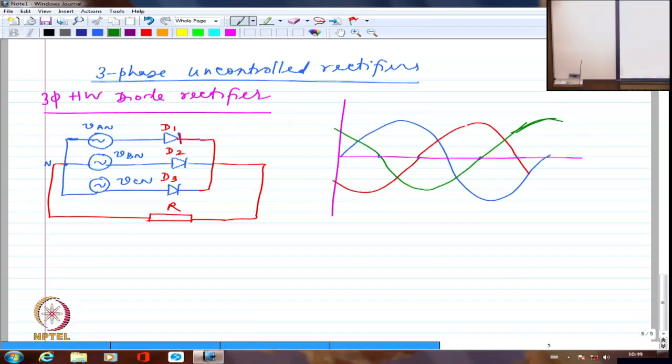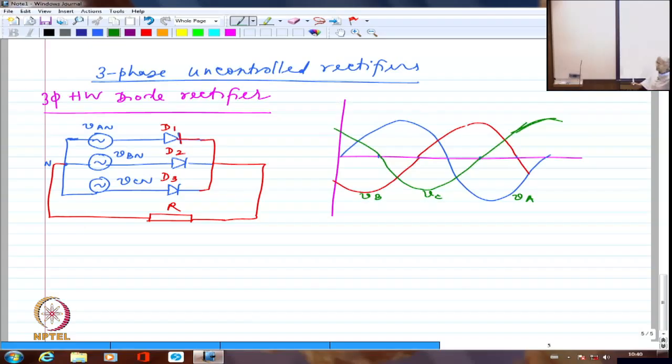Now let me name them. This is VA. So the second one is VB, and this third one is VC. Whichever is the diode which is having the maximum positive voltage, hopefully that will conduct. We will come back to the logic as to why that should only conduct.